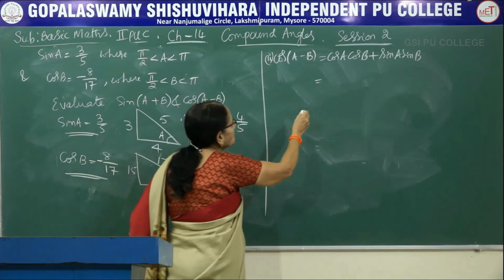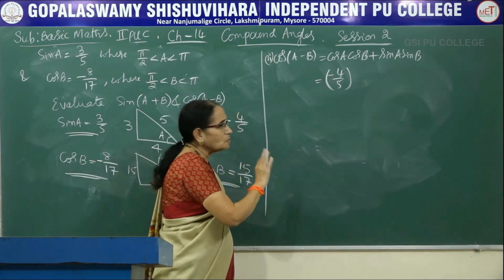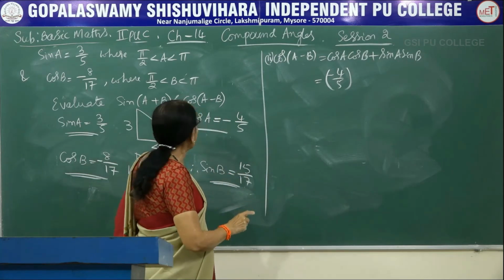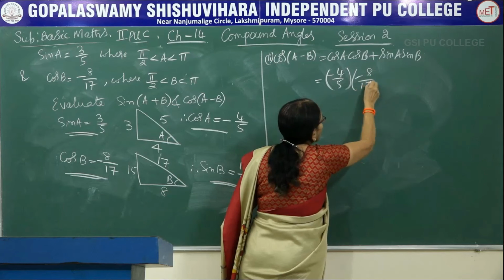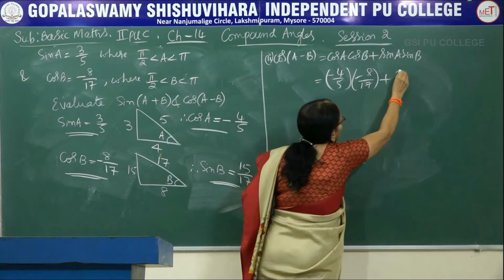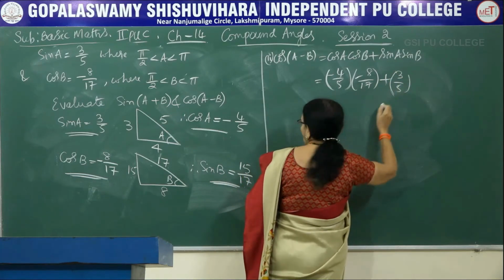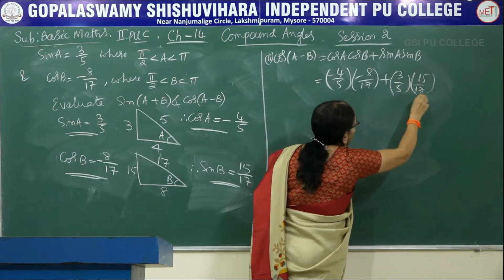Cos A is minus 4 by 5. When the negative sign is there, better write inside the bracket. Then cos B, that is also negative, minus 8 by 17, plus sin A is given to be 3 by 5. And sin B we have calculated, 15 by 17.